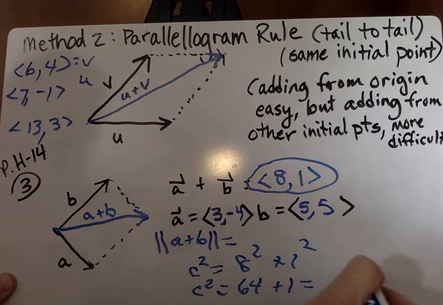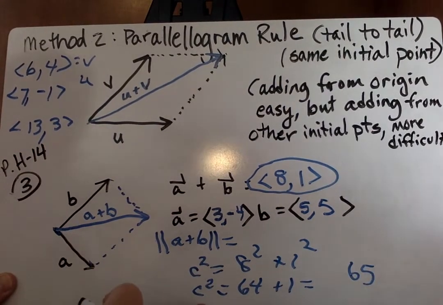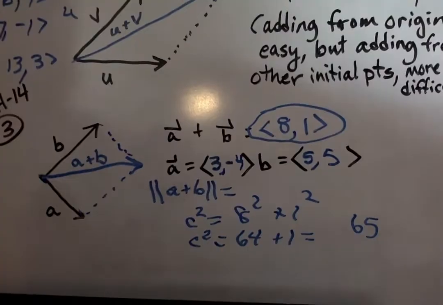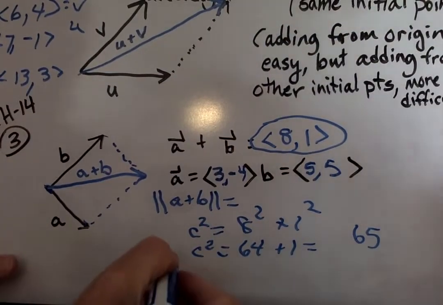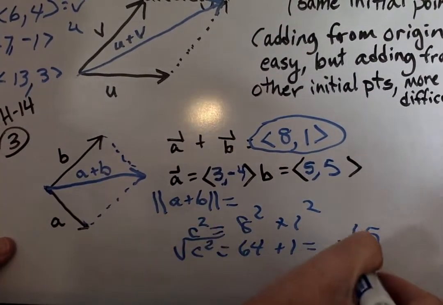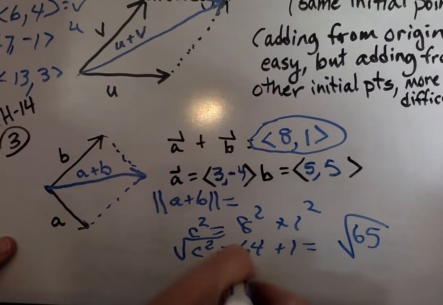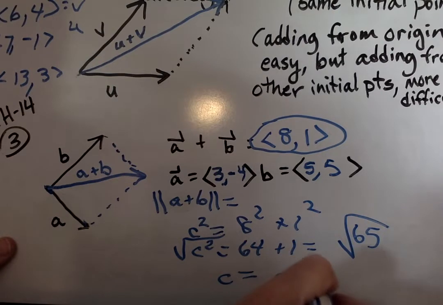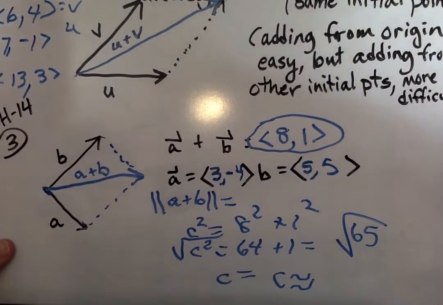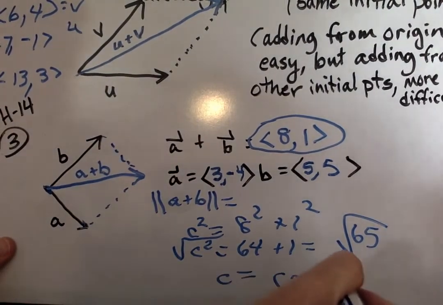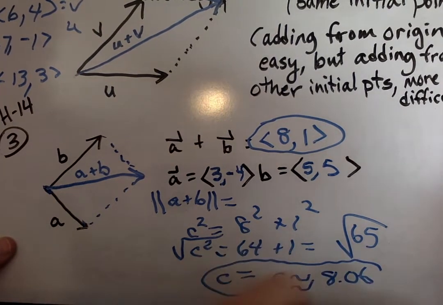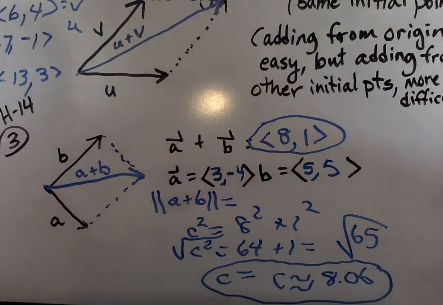And that is 65. And again, that's C squared. So I have to take the square root of both sides. So when I take the square root of both sides, C is approximately equal to 8.06. Let's round to the nearest hundredth now. And there you have it for number 3.